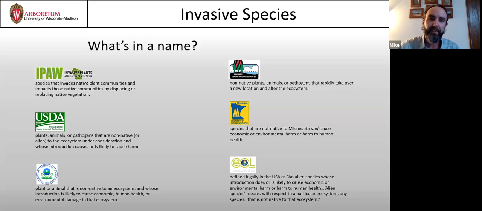So I'm going to shift gears now to our invasive species management. And I think for me, one of the first things that you need to do with any invasive species management program is define what an invasive species actually is or means to you in your context.